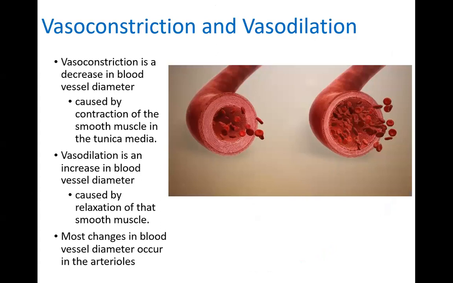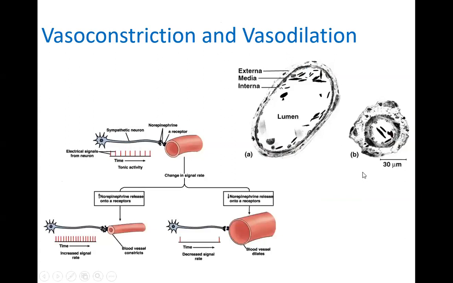The one on the left constricts, reducing the flow. It also raises the pressure. The one on the right increases the flow because it has relaxed, so all caused by the presence or absence of norepinephrine.